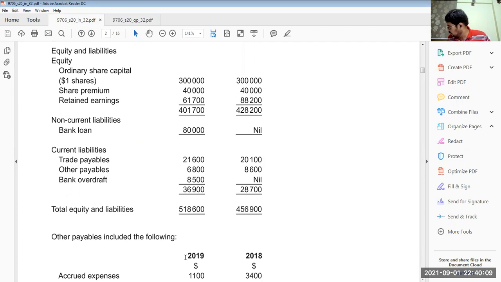So we will multiply the shares with the dividend 0.08. 300,000 is the number of shares, because $1 each is the price. 300,000 multiplied by 0.08 gives 24,000, which is your dividend.